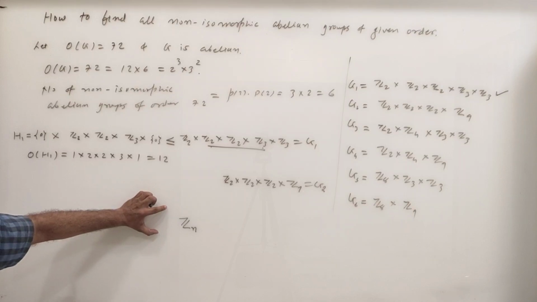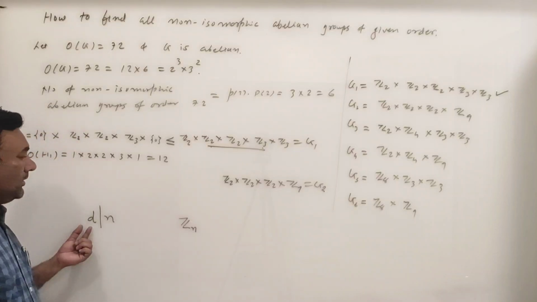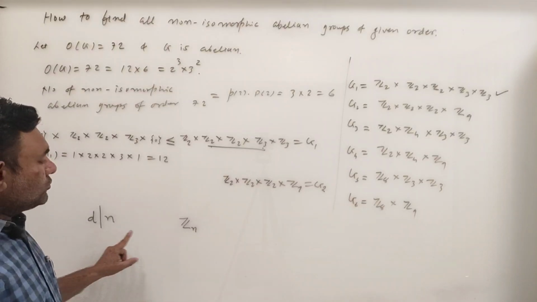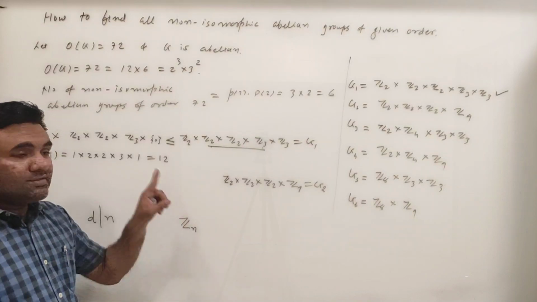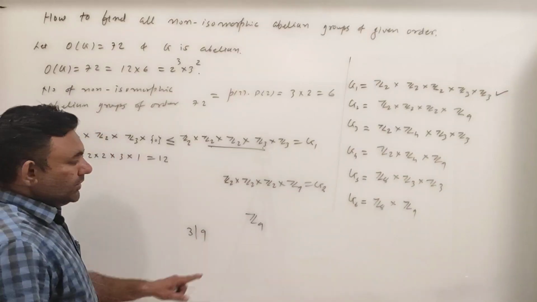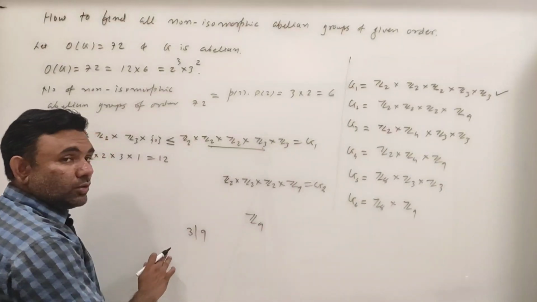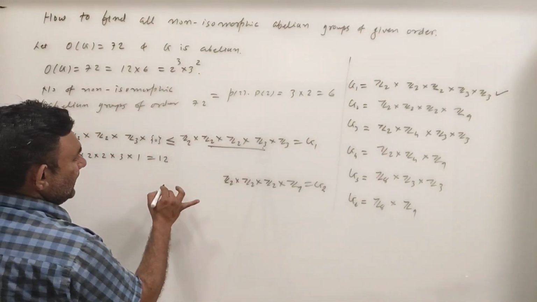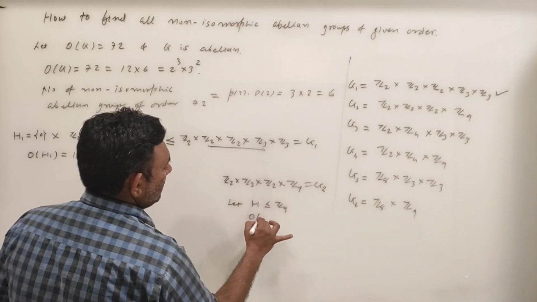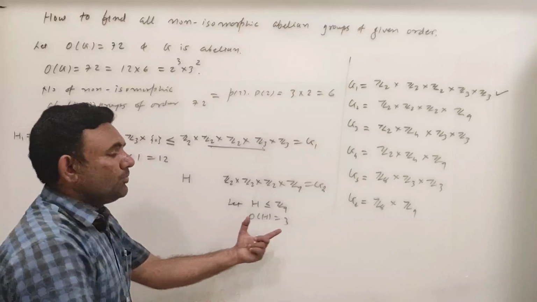If you consider Zn, then for every positive divisor D of n, there is exactly one subgroup of order D of Zn। मतलब Zn में n के हर एक पॉजिटिव डिवाइजर के ऑर्डर के बराबर का एग्जैक्टली एक सब ग्रुप मिलता है। That is the result in Zn, we had discussed, right. तो यहाँ पे Z9, so here 3 divides 9, तो मतलब Z9 के पास एक 3 ऑर्डर का सब ग्रुप है, ये हमने प्रूव किया था, right. So let H be a subgroup of Z9 and order of H is 3। ऐसा मुझे subgroup मिलेगा, right?